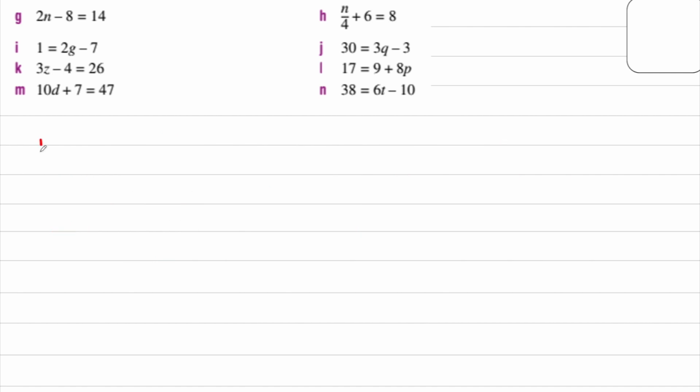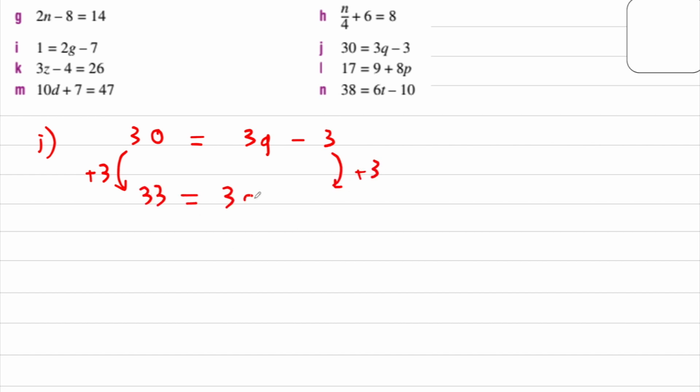The next question is question J. We have here 3q minus 3 equals 30. Add 3 to both sides, and here is 3q. This means divide by 3.